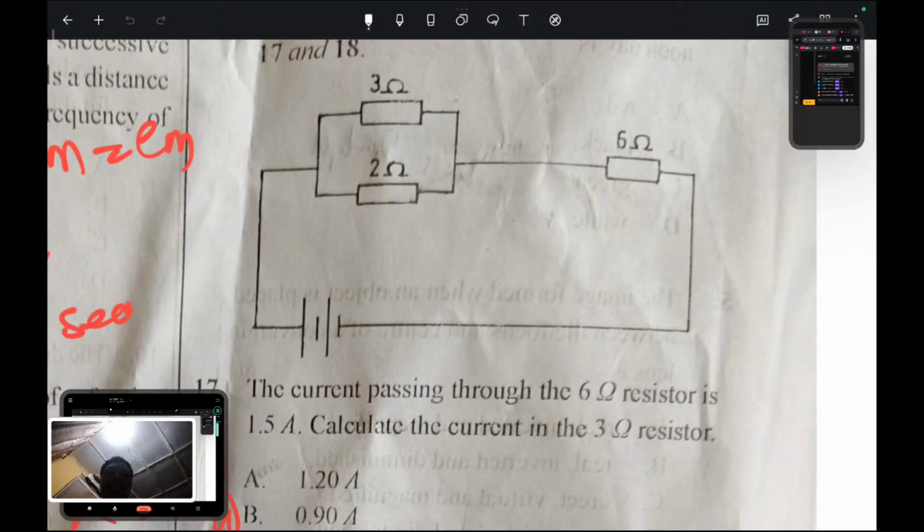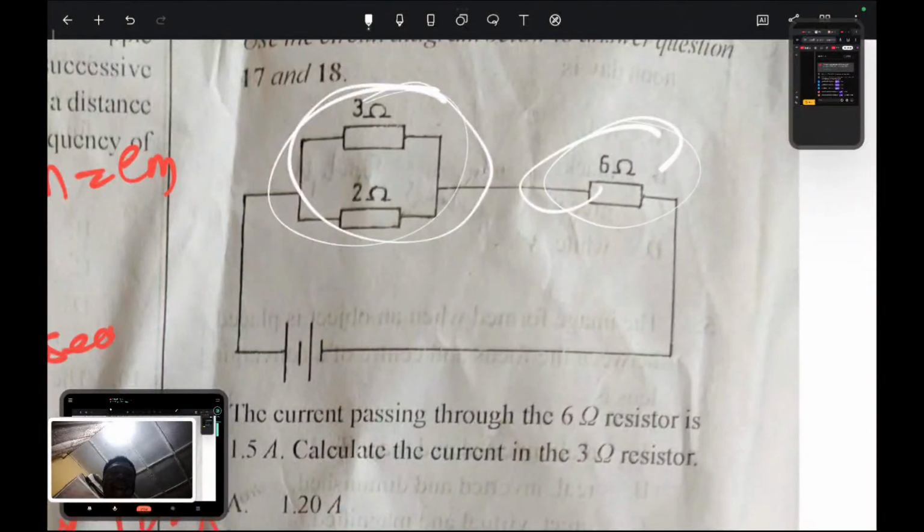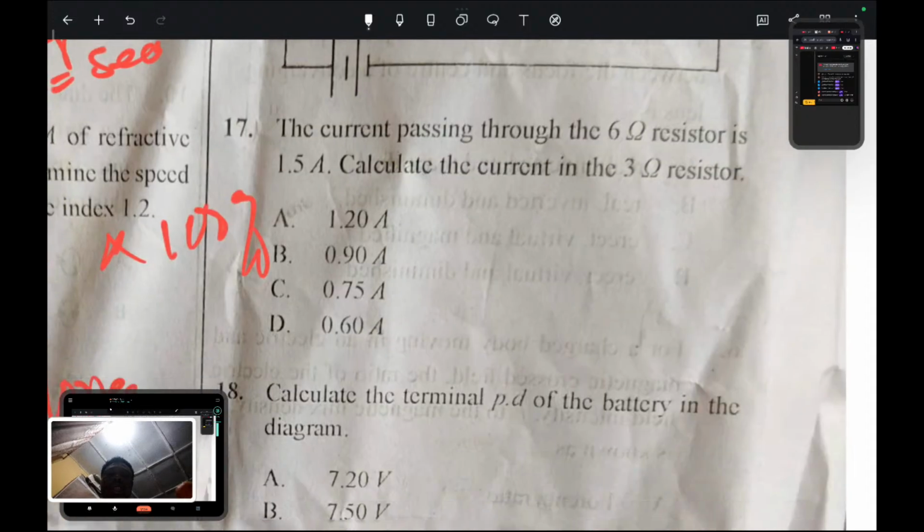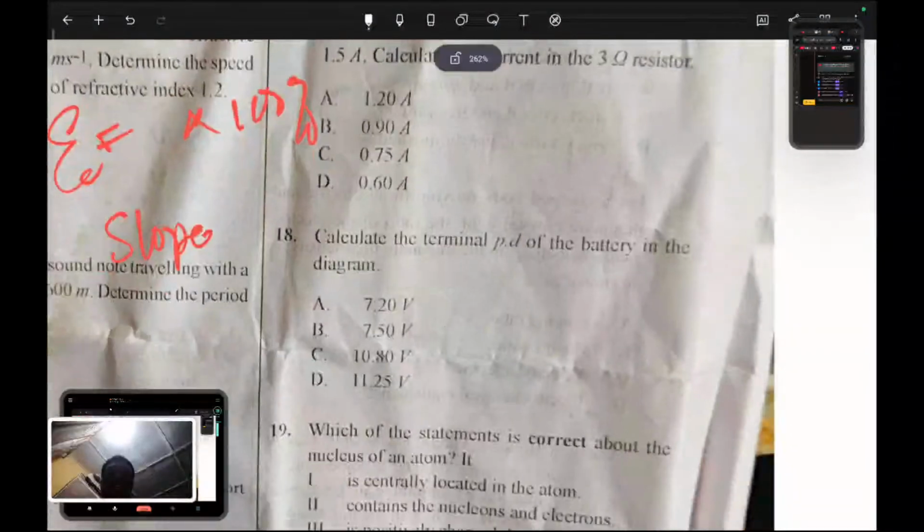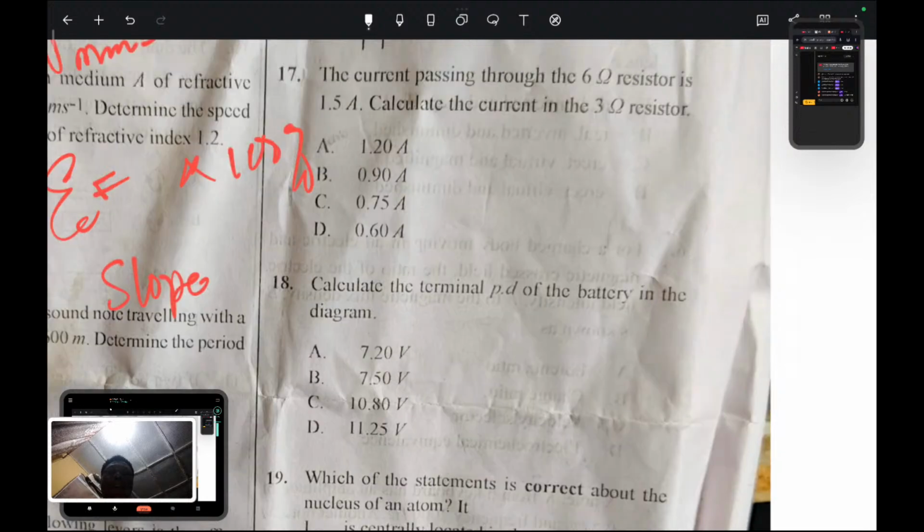Take note of the rules and the laws that guide this particular diagram. When current passes through a circuit in series, what happens to the current? If the components are in parallel, what happens to the current? Then what happens to the voltage? These are how we are going to solve this question. Then question 18: calculate the terminal PD of the battery in the diagram.